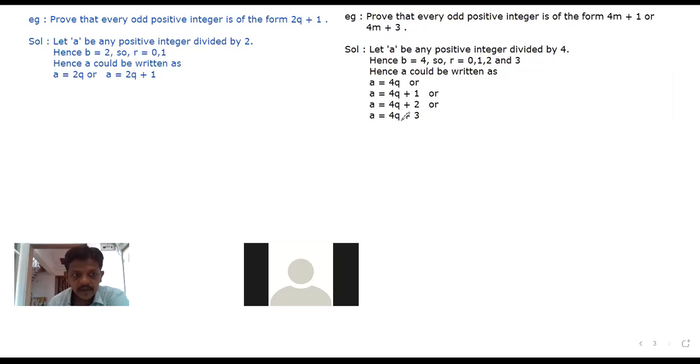Out of which, now see: which number is an even number? Which number is divisible by 2, or is a multiple of 2? Either it can be divided by 2 or a multiple of 2 is an even number. Clear?